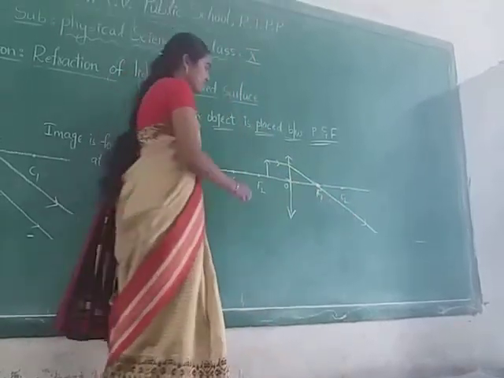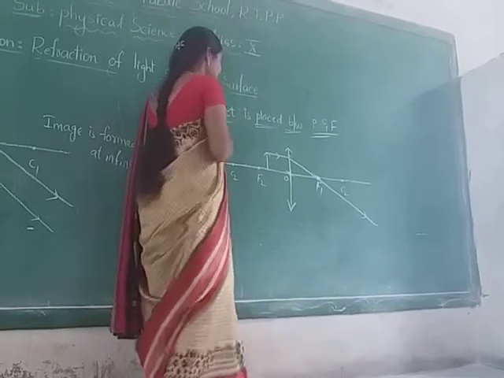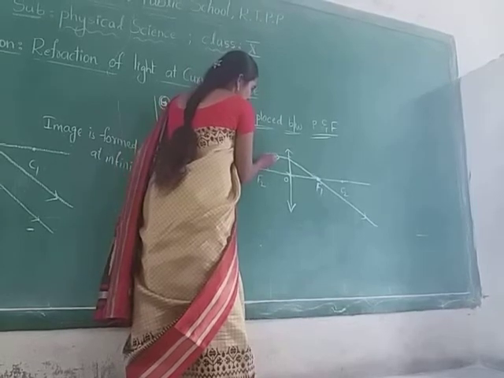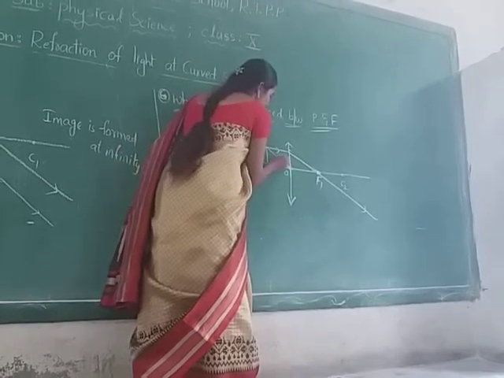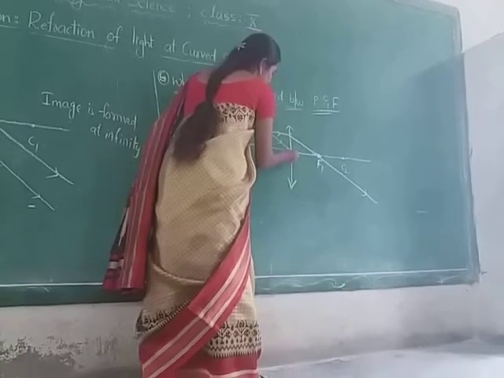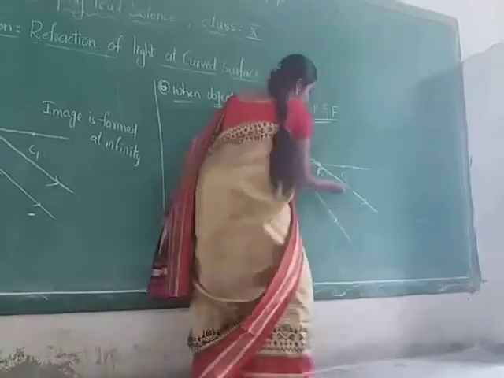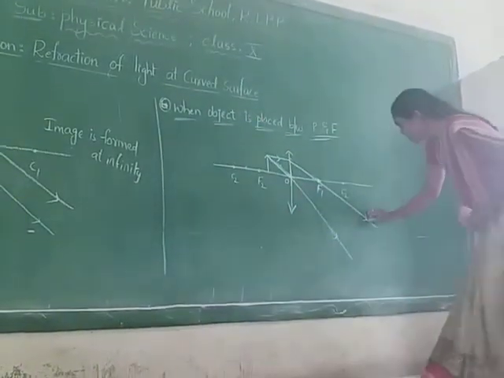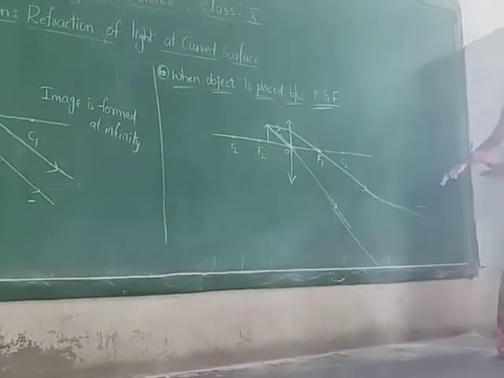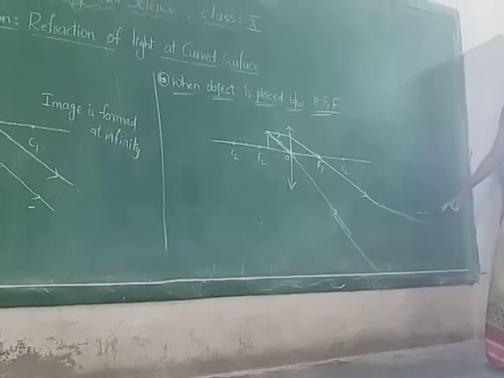And the second ray, when the light ray passes through the optic center, it will go without any deviation. So if we extend these two rays, they will diverge. So they cannot intersect at any point.